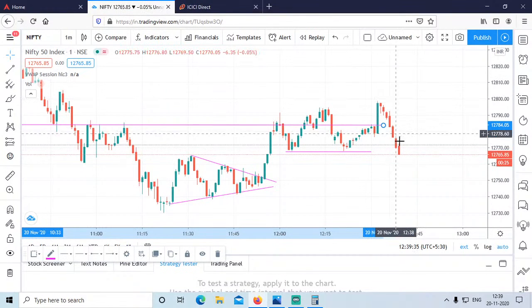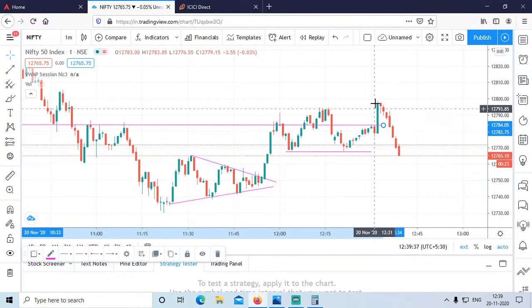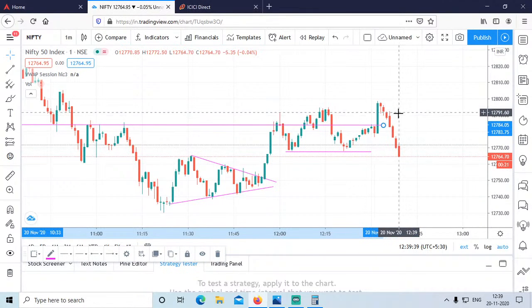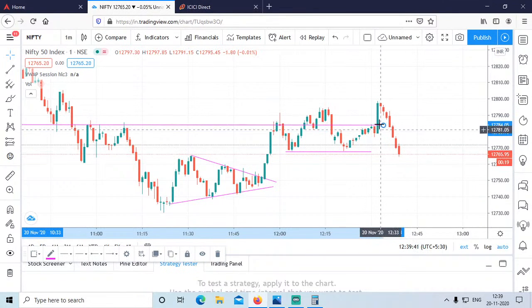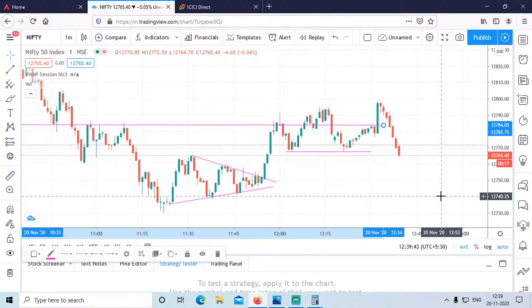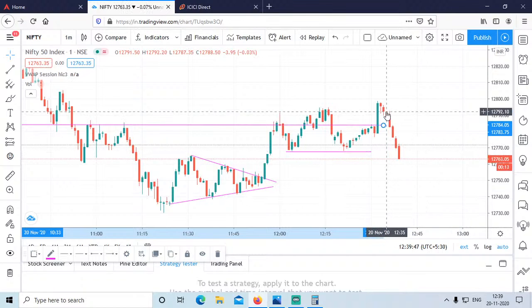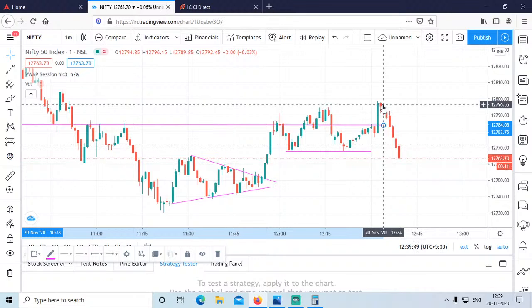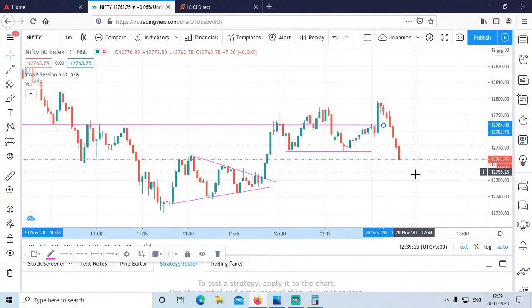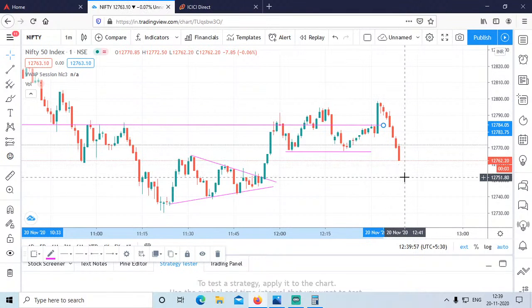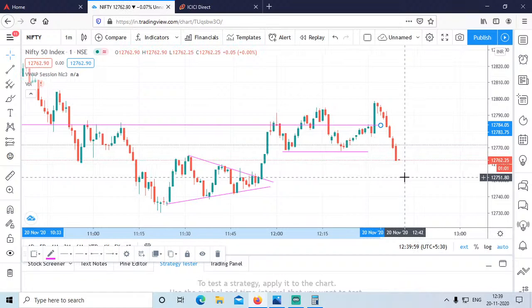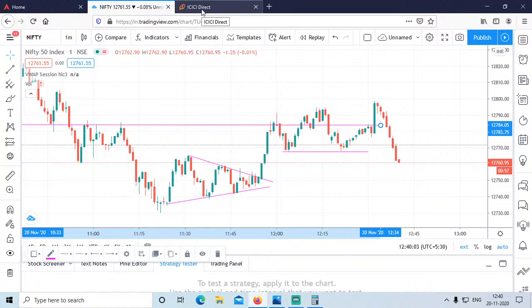See, the market is crashing heavily. I already told you it's going to be a false breakout. The same thing is happening. It's a false breakout for sure. The market is crashing heavily from 12,796, almost from 12,800 to 760. 40 points is reducing, but we are not at all worried about a 40 point reduction.